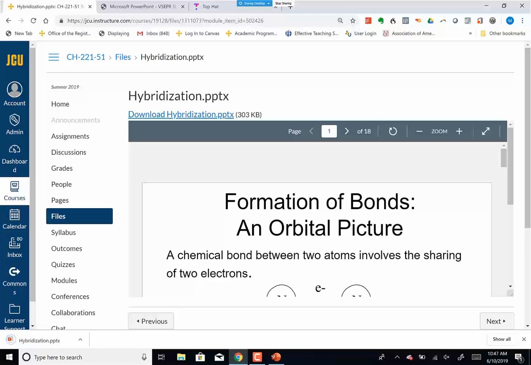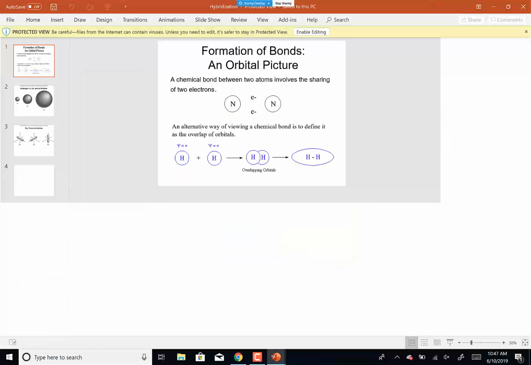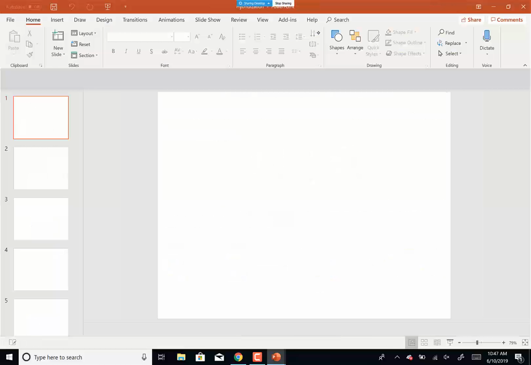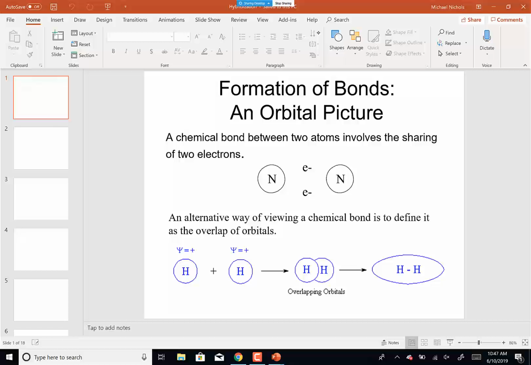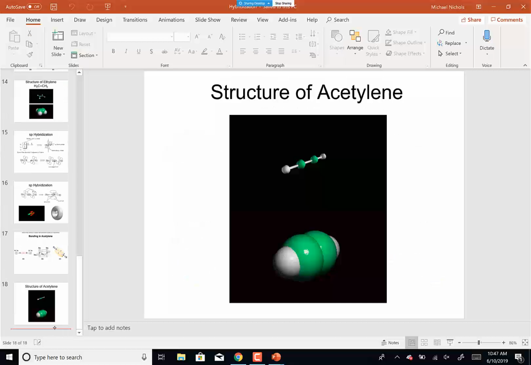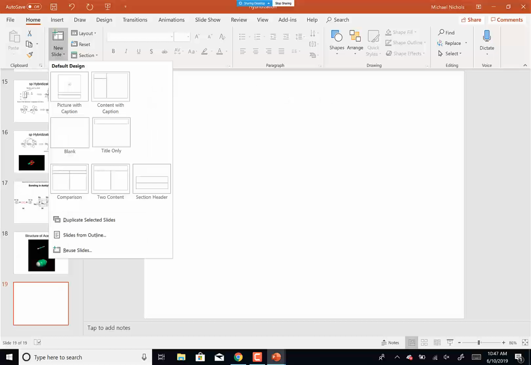So what we have to do is imagine that the bonds between atoms are big balloons with negative charges. And negative charges love to repel each other. And when they repel each other, that's what sets up the geometry. So let me go to the end here and add a couple of blank slides.